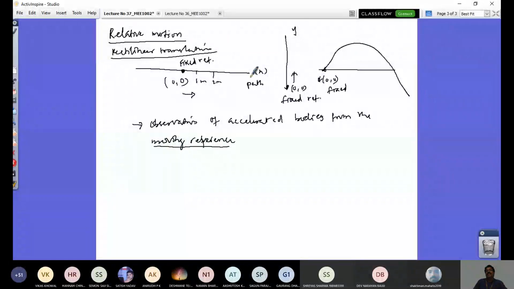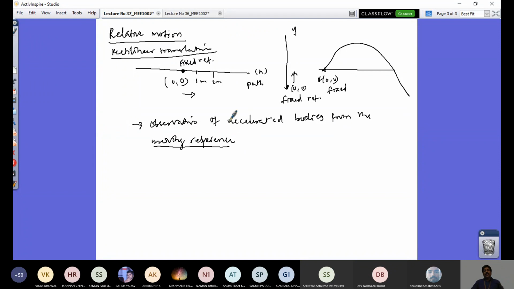If a rigid body is translating in a straight line with constant velocity, that is as good as fixed because it's not accelerated. So you are on a constant velocity vehicle or fixed reference. You look at another vehicle which is traveling. It is as good as one and the same absolute motion. That is what it will appear. Right. So that's what you should understand.